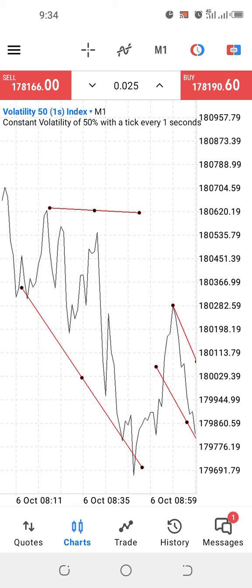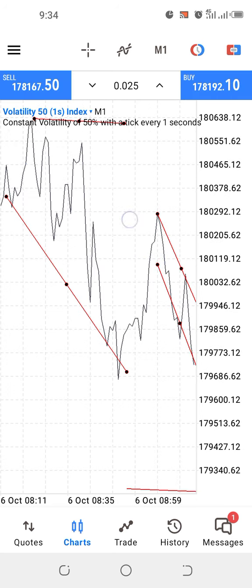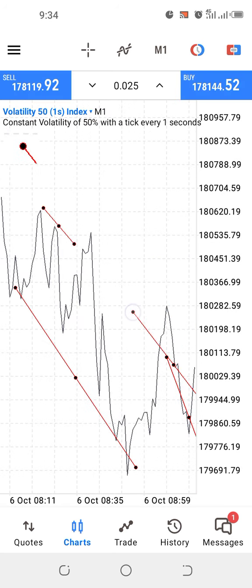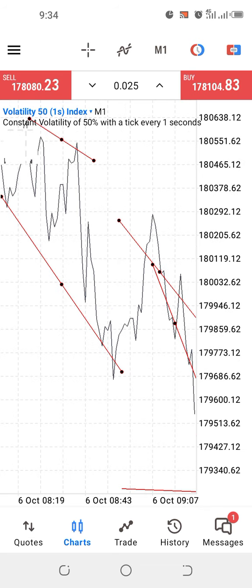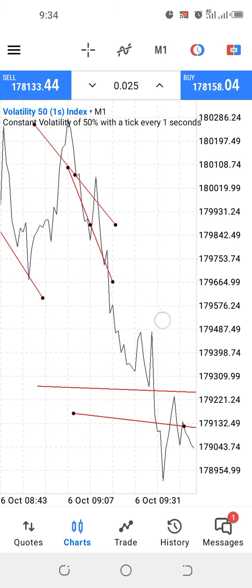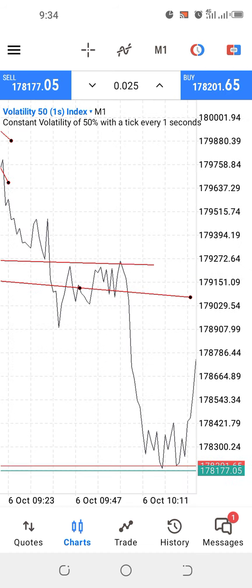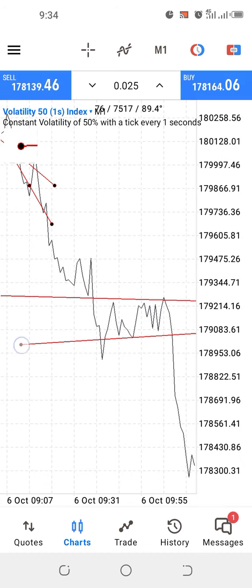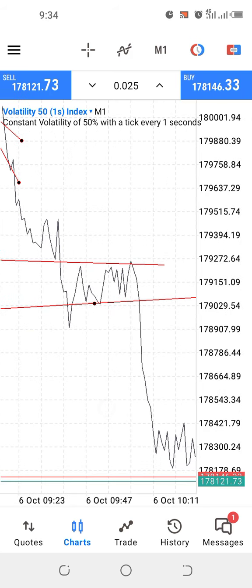This is the line chart, and you can see the support and resistance areas better displayed on the line chart.